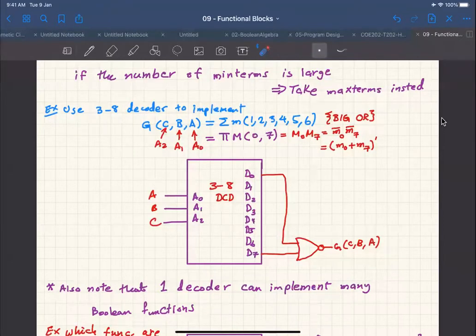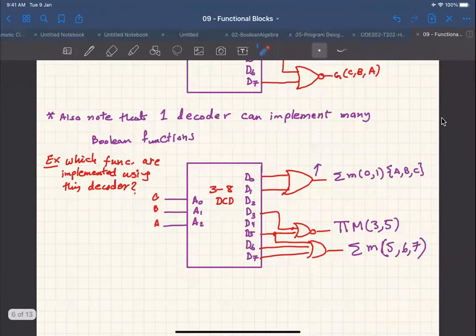This is nothing but taking the other decoder outputs. Instead of taking 1 to 6, we take 0 and 7, and then NOR them together to construct my function. And we also said that one decoder can be used to implement several functions.